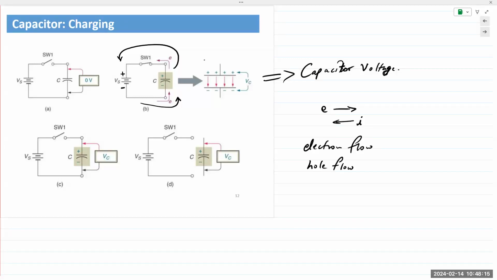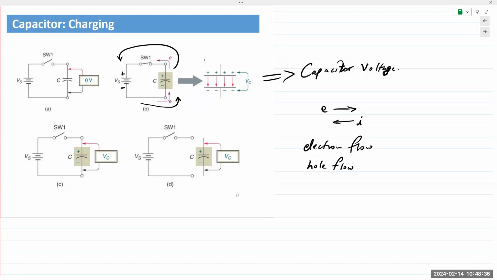Does everyone understand this? They cannot cross over. Charge is built up. So even though electrons are not completely crossing through the capacitor, we do say that the current is flowing through the capacitor. Important to understand that.